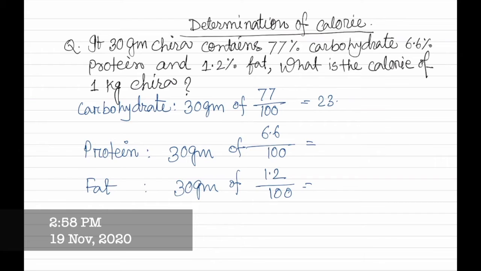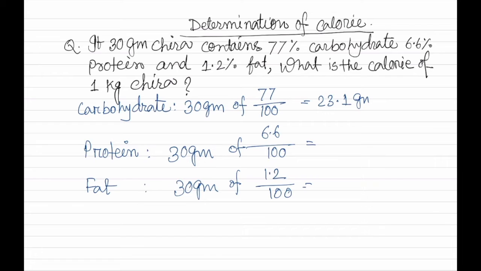And 6.6 divide 100 into multiply by 30 will be 1.98 gram, and fat contains 1.2 divide 100 into 30.